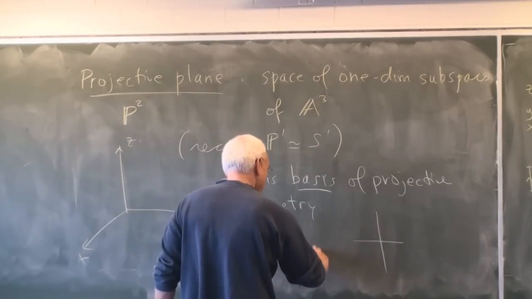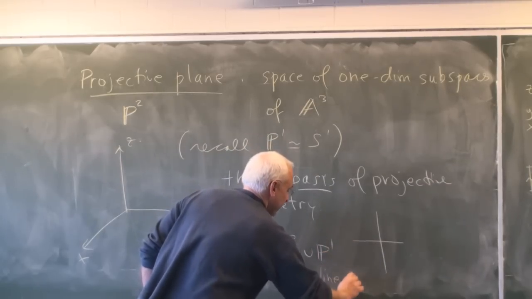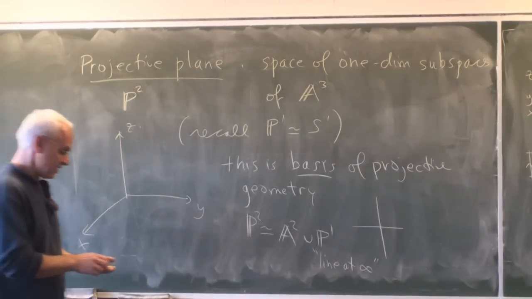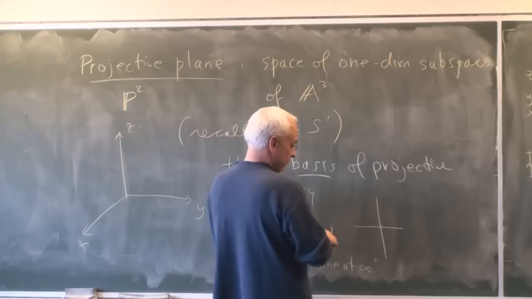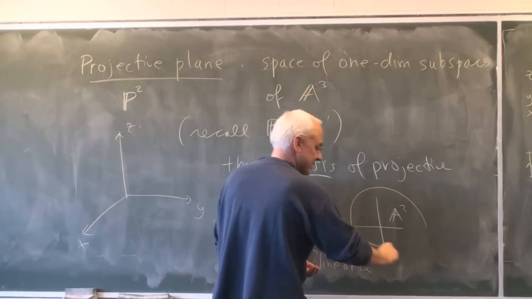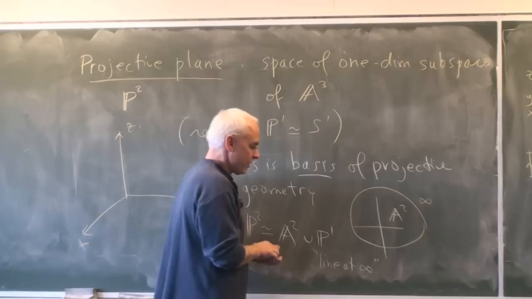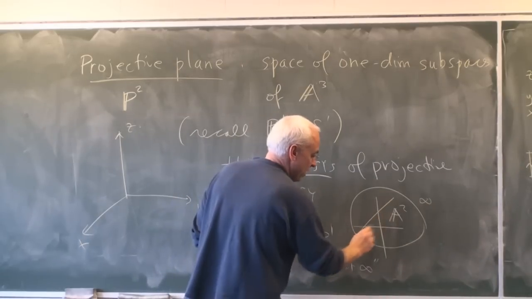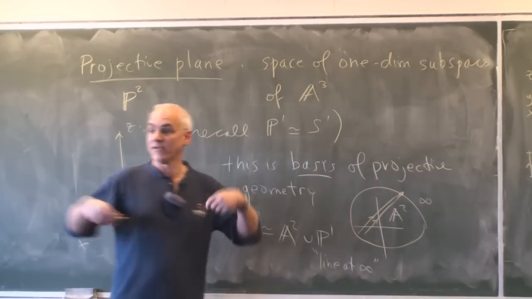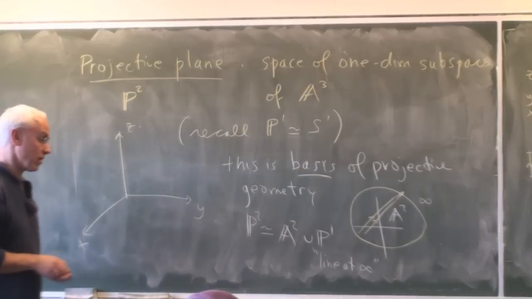Together with, union say, P1, a line at infinity. And 17th century geometers thought of the standard Euclidean plane together with a rather mysterious line at infinity. It was a little bit hard to understand. What they thought of is if you have any two parallel lines, then those two parallel lines will meet at exactly one point at this line at infinity. That's the projective plane, the way that it was historically thought about.